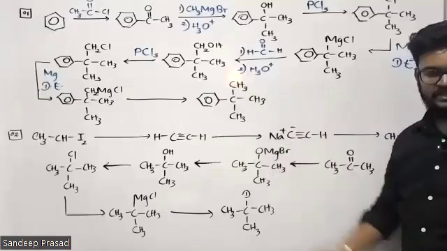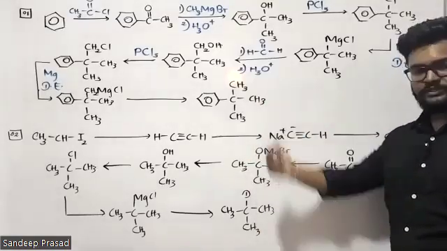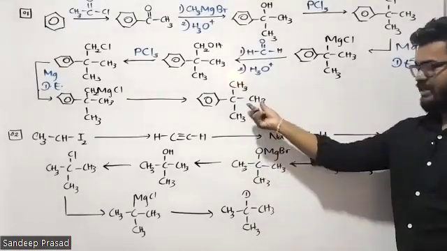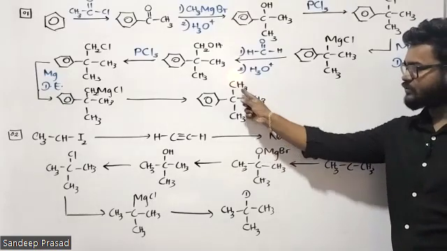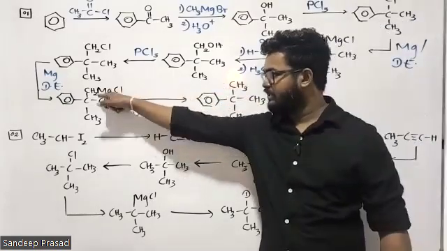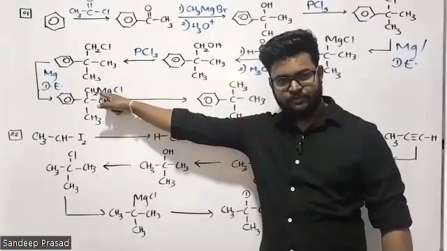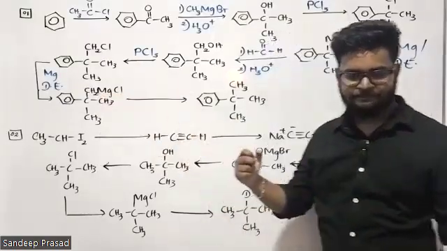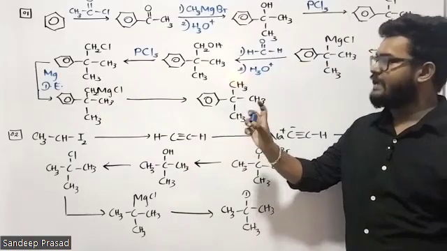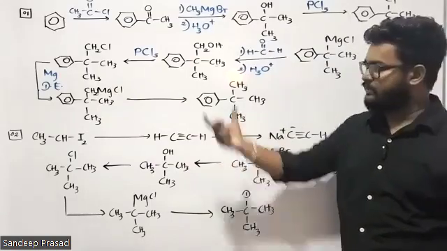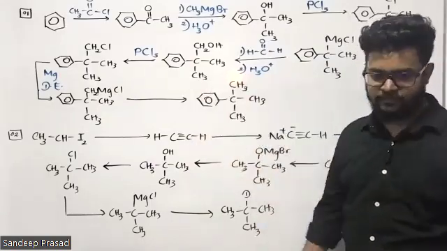So anything with acidic hydrogen, right? Not only water. Look at the product that we have obtained. CH3, only hydrogen should be connected here. Another hydrogen should be connected here instead of MgCl. So any active hydrogen containing compound can be added here, not only water.